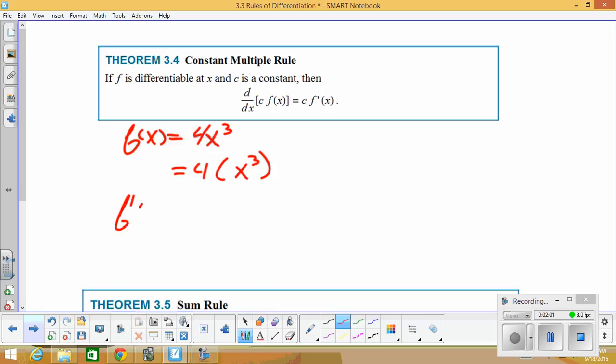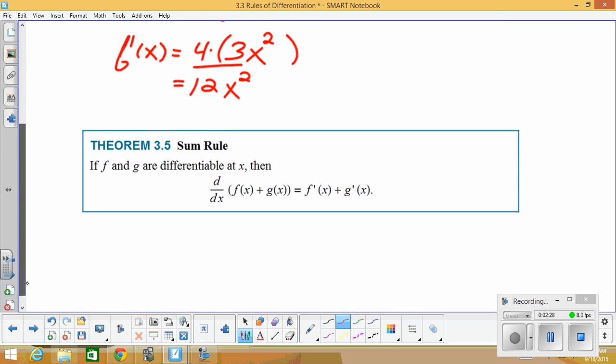So if I want to take the derivative, I'm going to set the 4 outside and take the derivative of the inside. I have the exponent coming down, subtracting 1 from the exponent, and now it's just all multiplication, and I can multiply in front. So this is that constant multiple rule that we can still apply to our power rule.